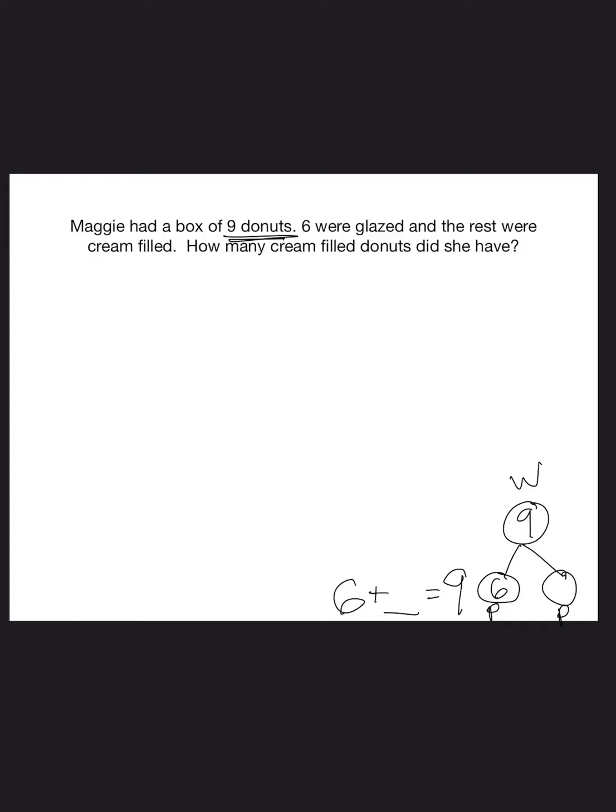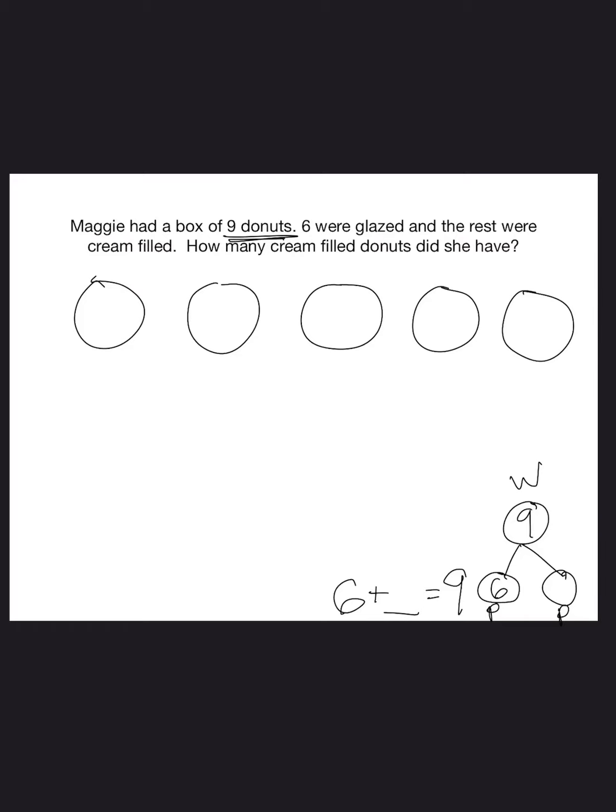That means 5 on the top and 5 on the bottom, because that'll make it easier for us to read. So first thing I'm going to do is draw the 9 donuts we know that Maggie had. I'm going to start up here at the top of my paper. 1, make sure you're doing this with me, okay? 2, 3, 4, 5. Now we're going to go to the second row.